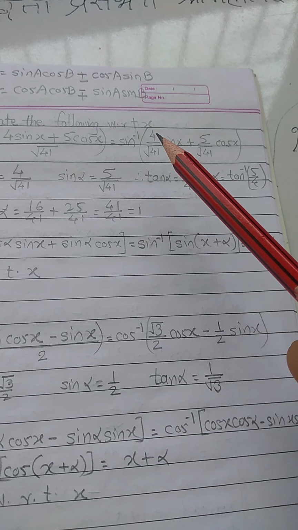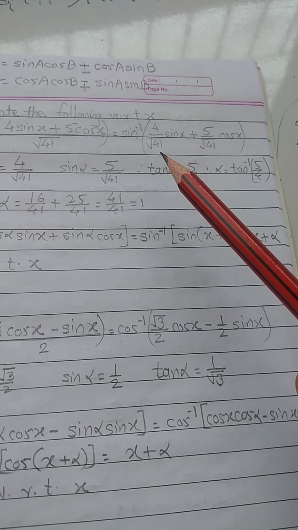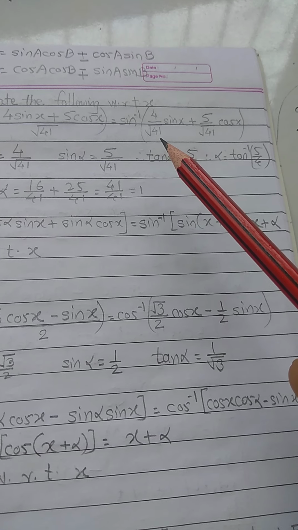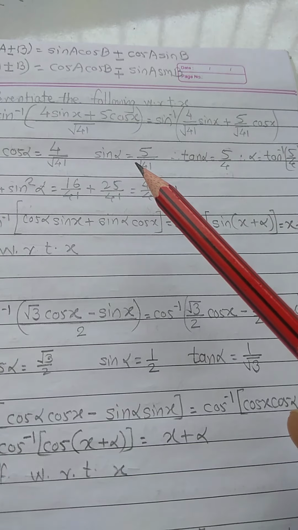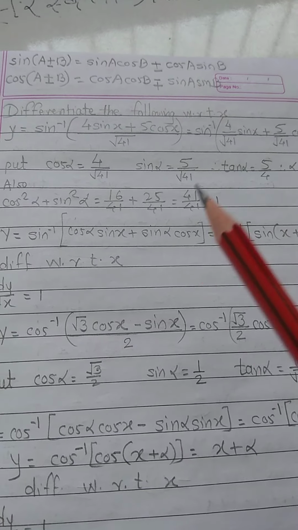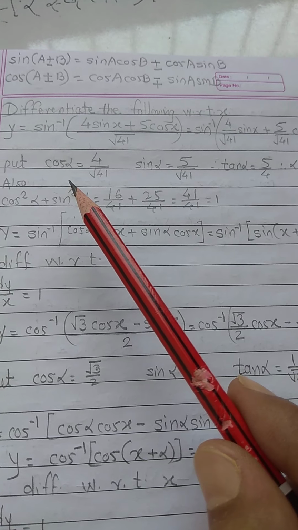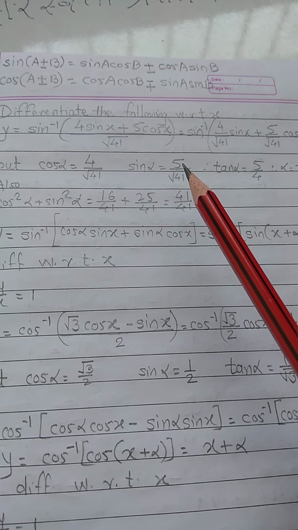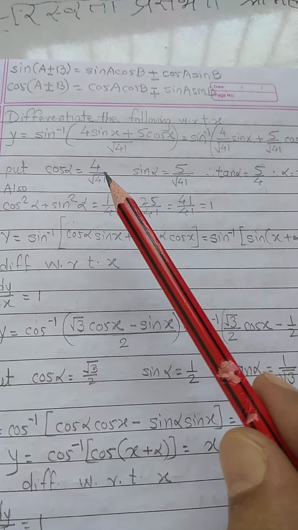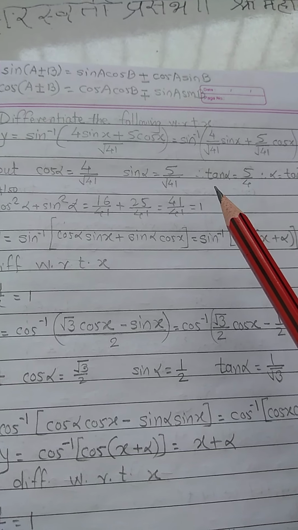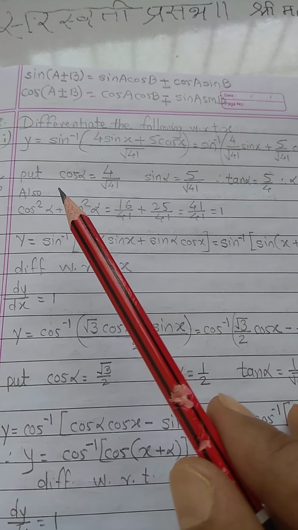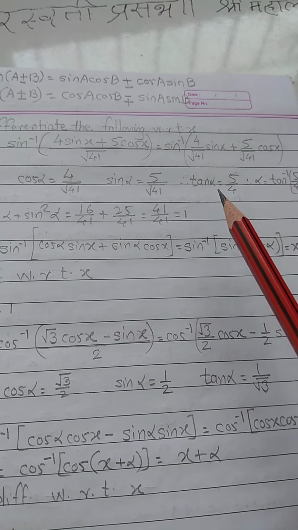Therefore, we will try to write this 4 by root 41 as cos alpha and this 5 by root 41 as sin alpha. Sin alpha upon cos alpha, that means 5 by root 41 upon 4 by root 41, that is equal to 5 by 4, will give you tan of alpha, because sin upon cos is tan alpha.